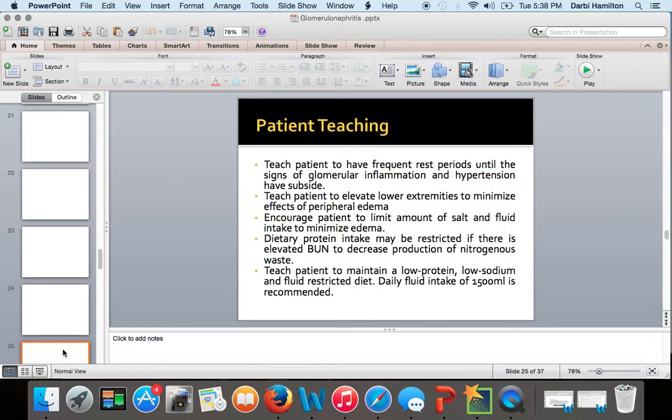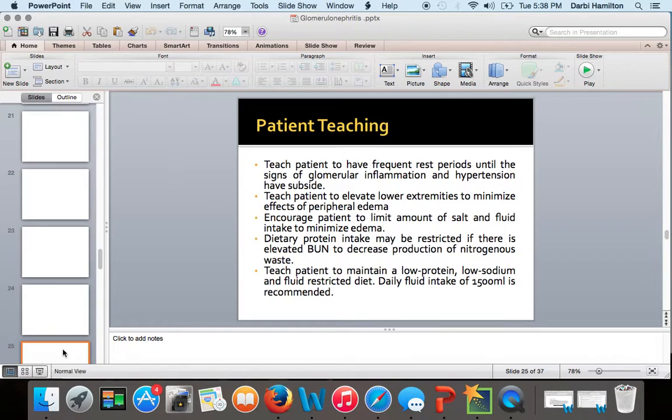Encourage patients to limit amount of salt and fluid intake to minimize edema. Dietary protein intake may be restricted if there is elevated BUN to decrease production of nitrogenous waste. Teach patients to maintain a low protein, low sodium, and fluid restricted diet.